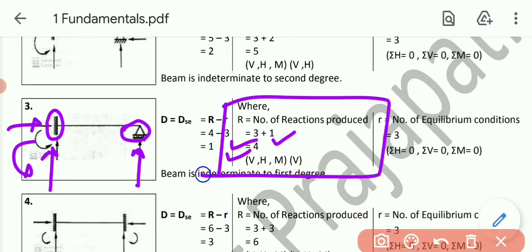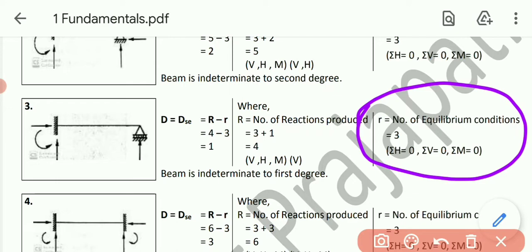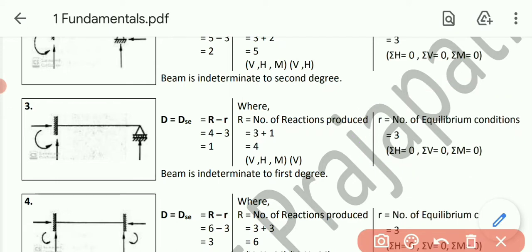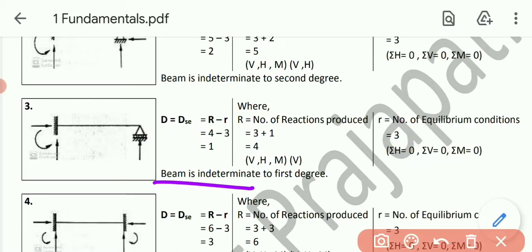That is the value of capital R. Small r is always 3, the number of equilibrium equations. So let's put the values here, capital R minus small r. 4 minus 3, the answer comes 1. As 1 is not equal to 0, it is indeterminate, and as the answer is 1, it is indeterminate to the first degree.